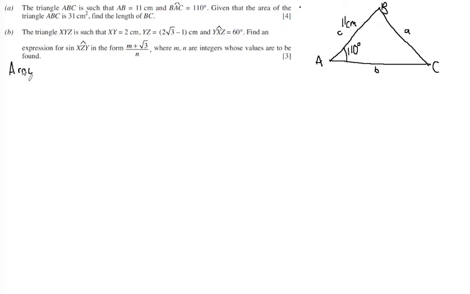So the area equals half. In this formula we're looking at a half BC sine A. So the equation I set up is 31 is equal to half times 11 times, let's just call it B at the moment, times B times sine of 110.